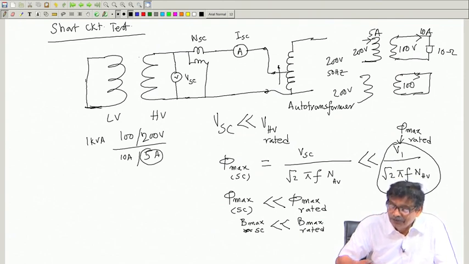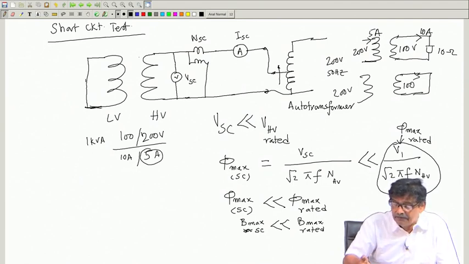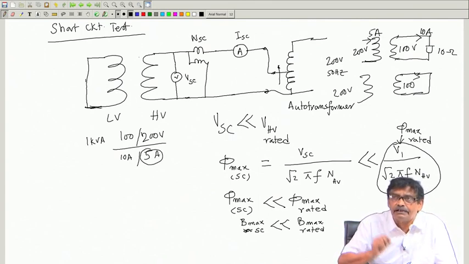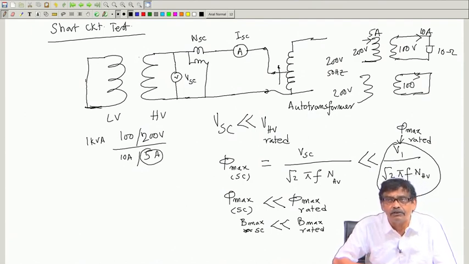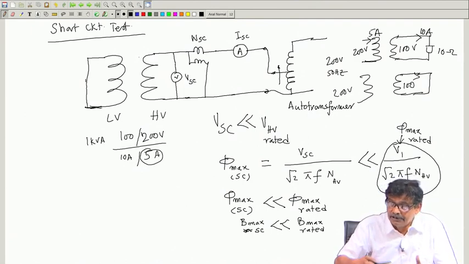But the core loss, as we know, eddy current loss depends upon B max square, and by a large factor you have reduced that B max. Frequency is the same, B max square, f square, tau is of course the same, the thickness of the plate. Similarly, hysteresis loss depends upon the area enclosed by the BH curve of the material.